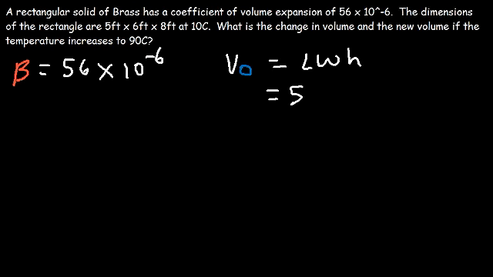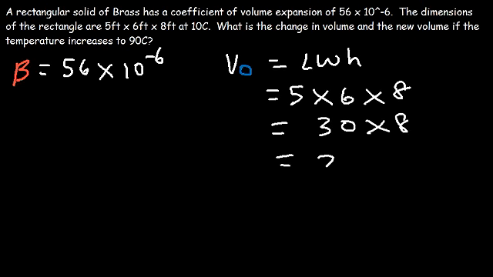So that's going to be 5 times 6 times 8. 5 times 6 is 30, and 30 times 8 is 240. And it's going to be cubic feet. Feet times feet times feet is cubic feet. So that's the initial volume.